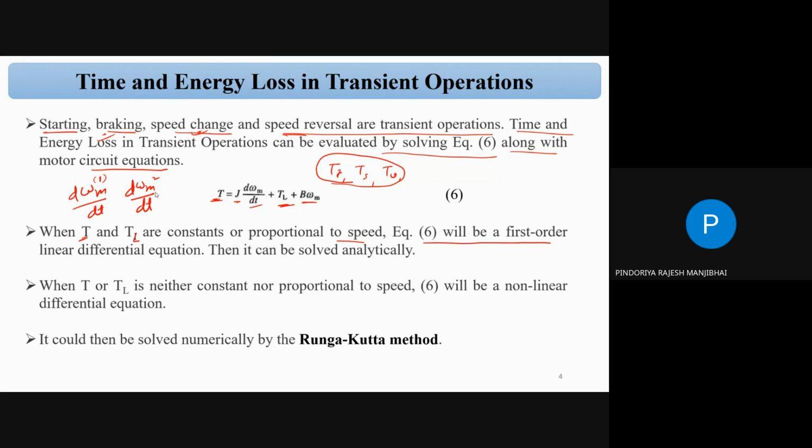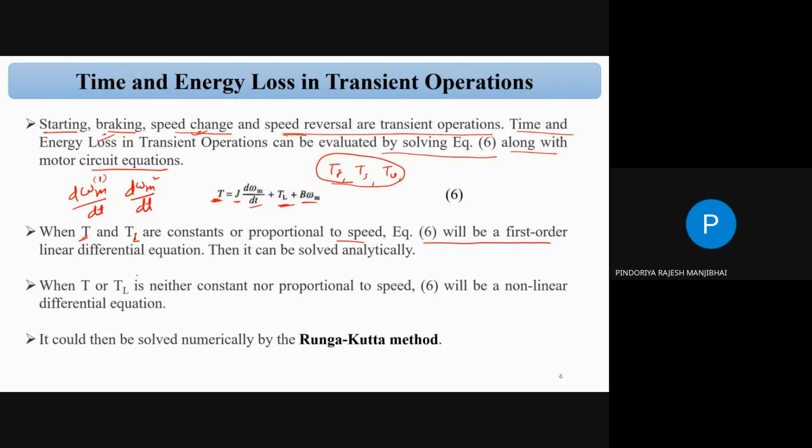Okay, so generally in the drive system we refer to first order as well as second order equations. I am just talking about this equation number 6, that is the fundamental torque equation. Okay, suppose the total load torque and the load torque are both equal, otherwise both are proportional to the speed, then we can say it is a first order equation.